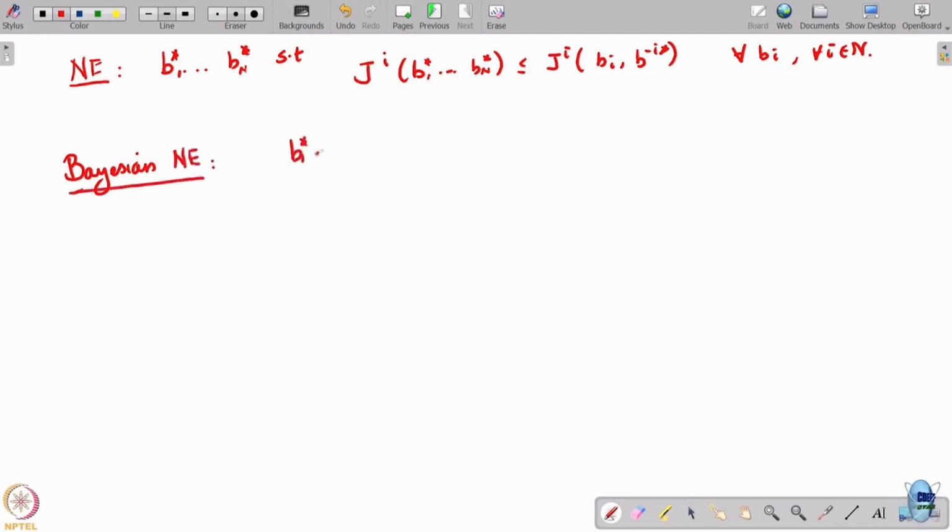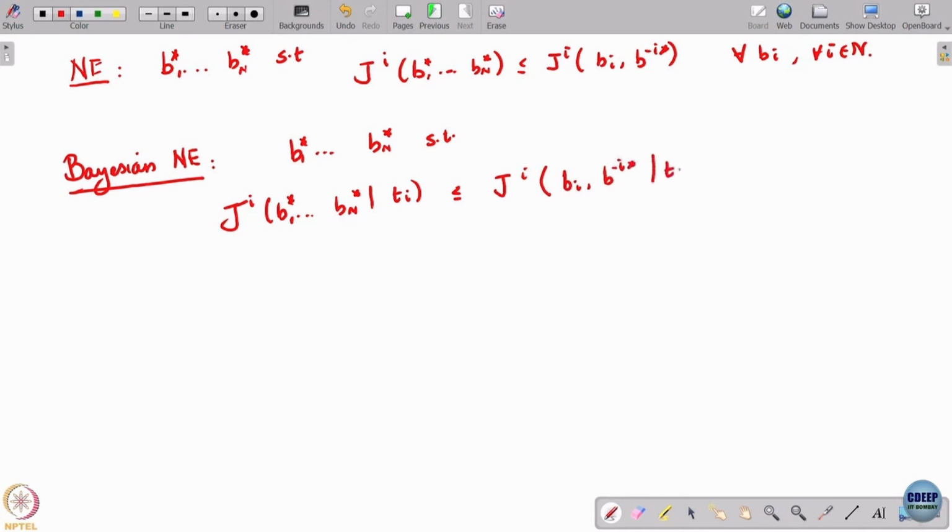It is a (b1*, ..., bn*) such that Ji(b1*, ..., bn*) given Ti is less than or equal to Ji(bi, b-i*) given Ti, for all bi and for all types Ti in Ti and for all players i.